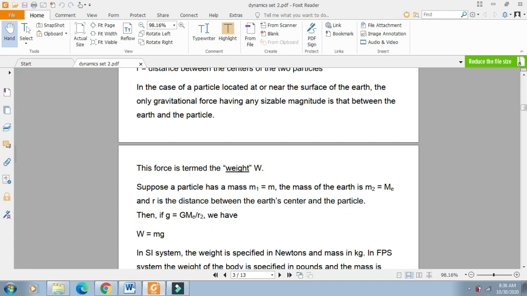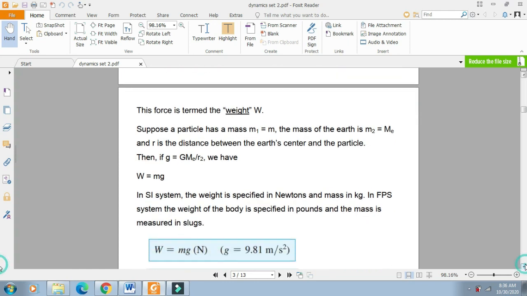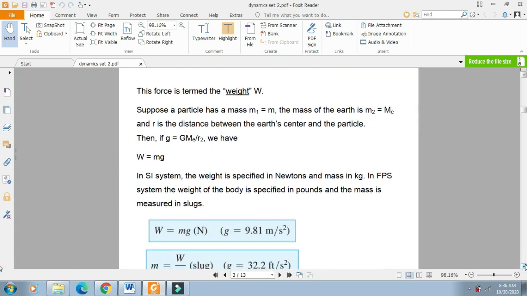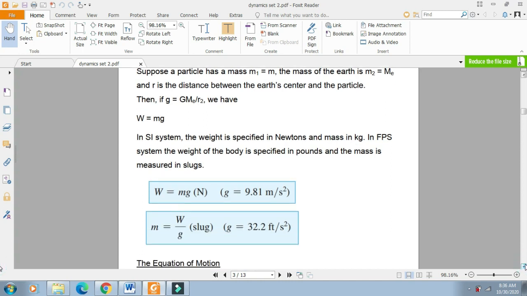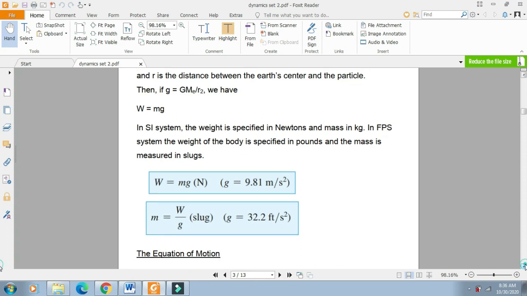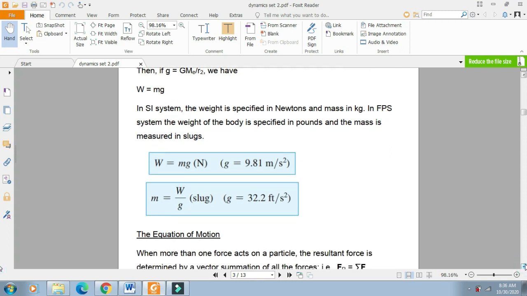So W equal to mg. The unit of weight is Newton, the unit of mass is kilogram. In the SI system; in the English system, the unit of mass is slug and the unit of weight is pounds.